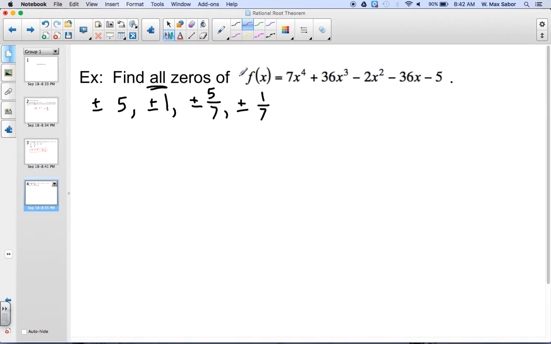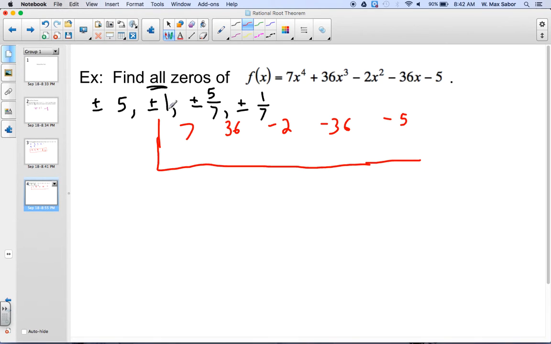So I need to figure out which of these actually are zeros. And hopefully they won't all be rational. Anyway, let's try one, and we'll learn methods of figuring out which ones are better to try. But I'm just going to try 1.